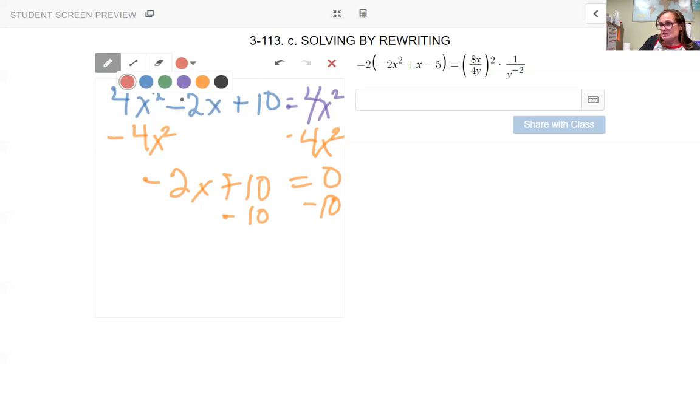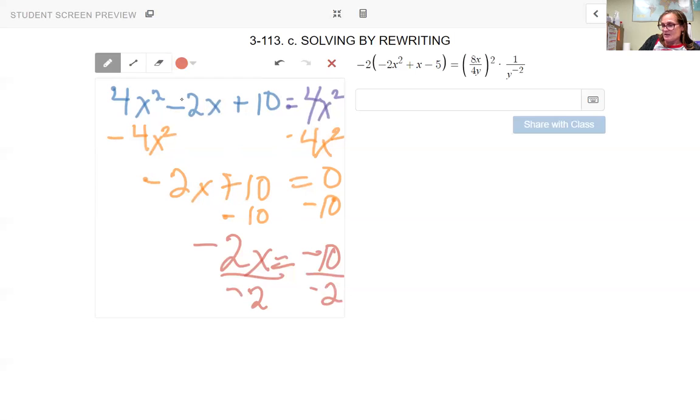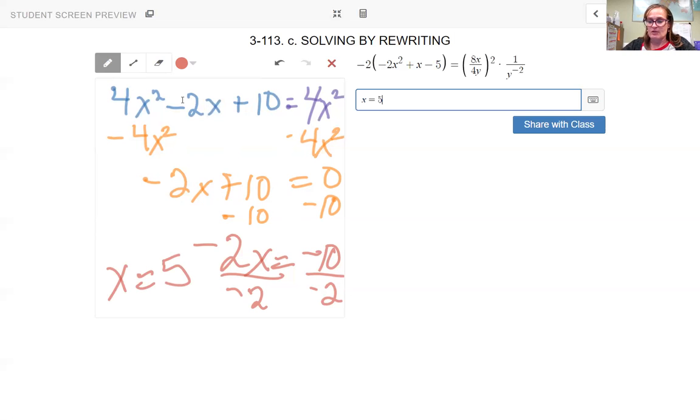On this side we've got negative 2x, and on the other side we have 0 minus 10 is negative 10. Now all we need to do is divide by negative 2. Negative 10 divided by negative 2 is 5. So x equals 5.